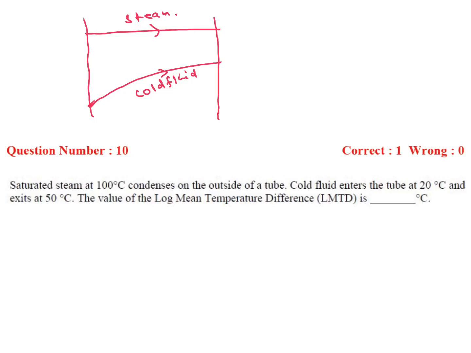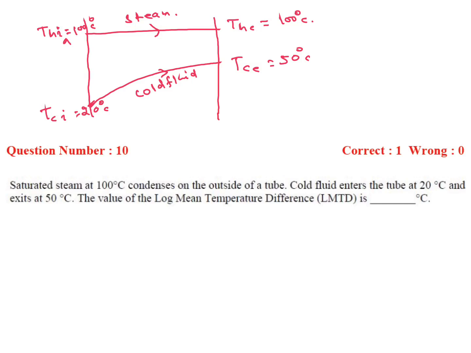Its inlet temperature, Thi, temperature of hot fluid, is 100 degrees Celsius. Temperature of hot fluid at exit is the same 100 degrees Celsius, only the phase changes. And the inlet temperature of cold fluid is 20 degrees Celsius. At exit the temperature of cold fluid is 50 degrees Celsius.